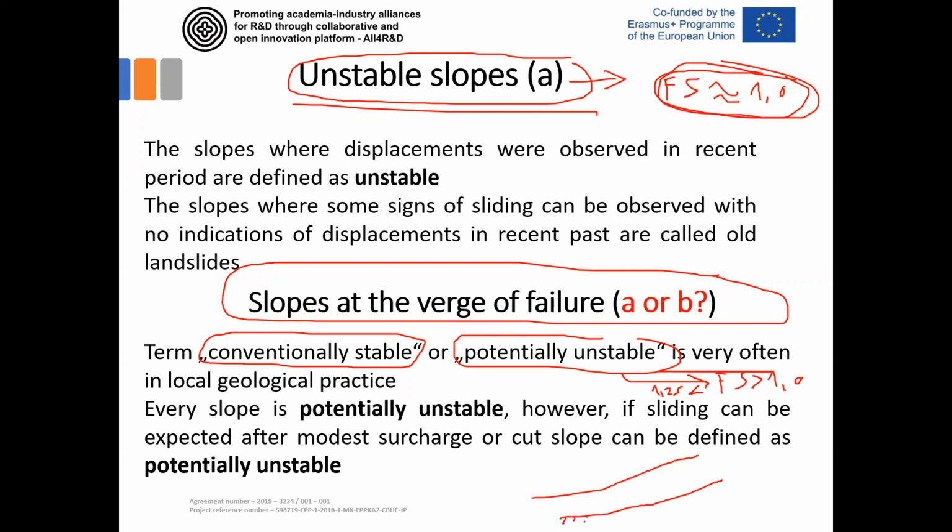This is a rock material that is stable, not prone to sliding, and we define this sliding surface here with the safety factor of 1.2, let's say. So no displacement, the slope is not moving, it is potentially stable.